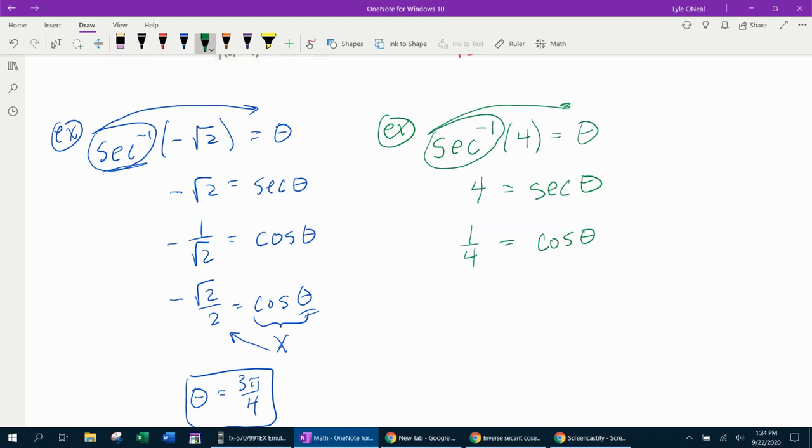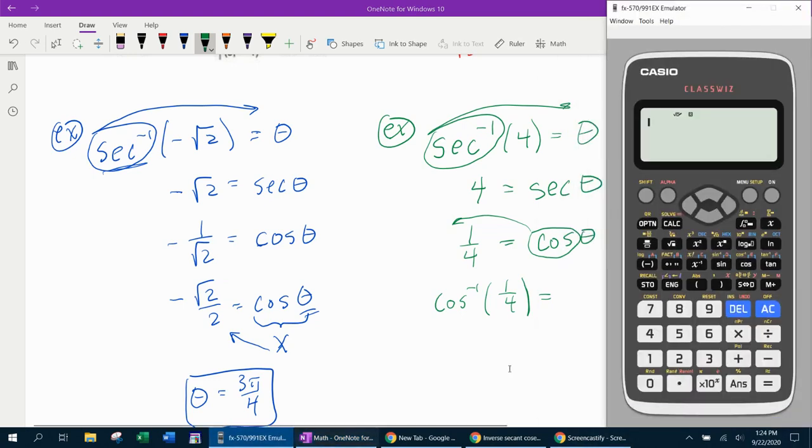And now what I want to do is bring the cosine back over and turn that into inverse cosine of a fourth, which is going to give me something that I can input into the calculator, okay?